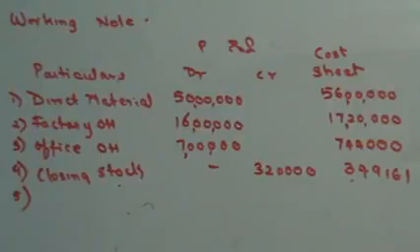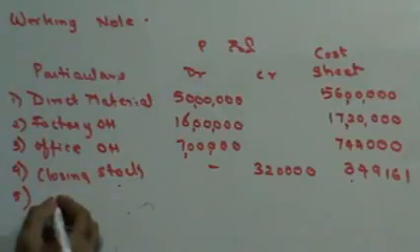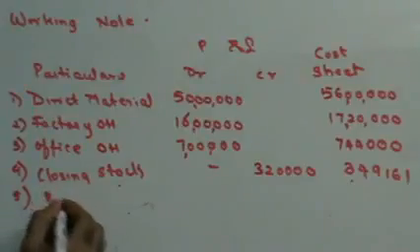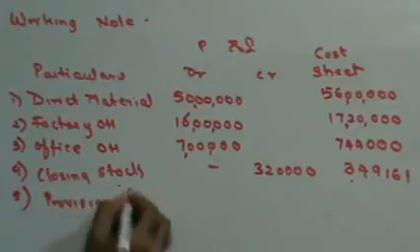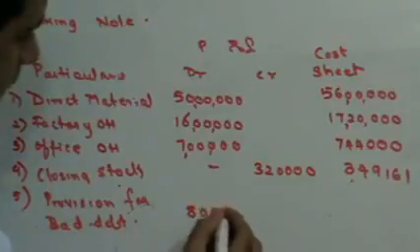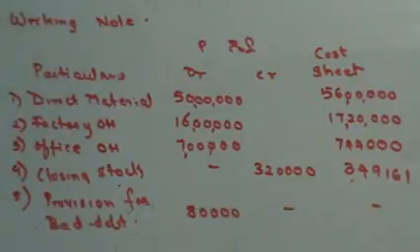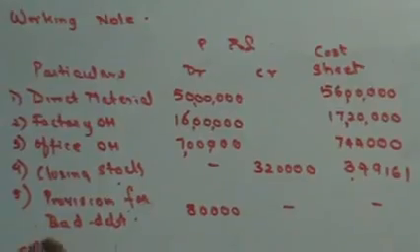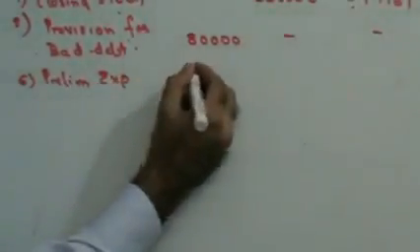Then besides that, profit now. Now there are certain entries that have come only in P&L. Those are provision for bad debts, 80,000. Then you have preliminary expenses, 40,000.